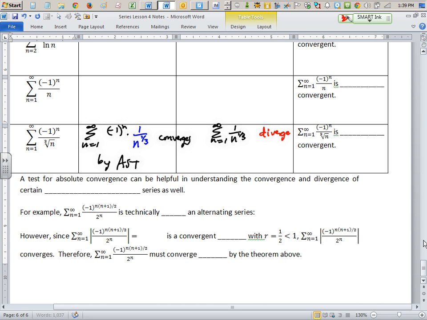Diverges because it is a p-series with p less than 1. Again, conditional convergence.